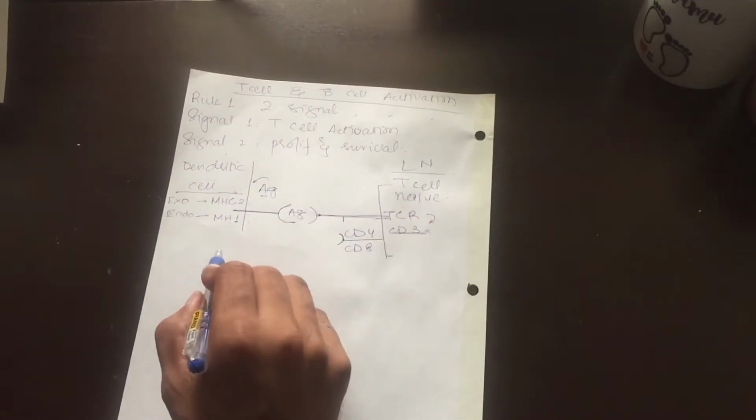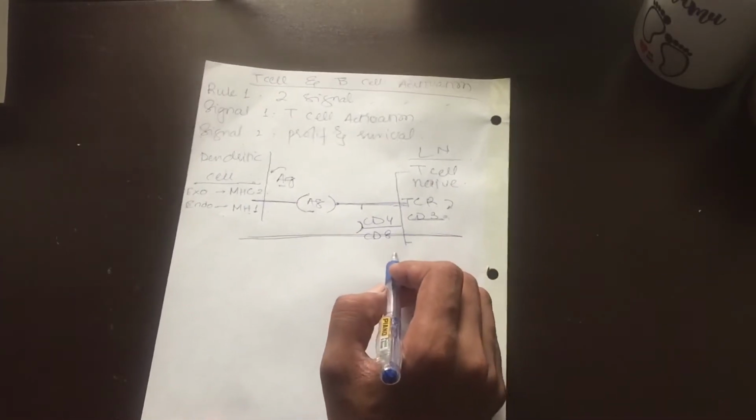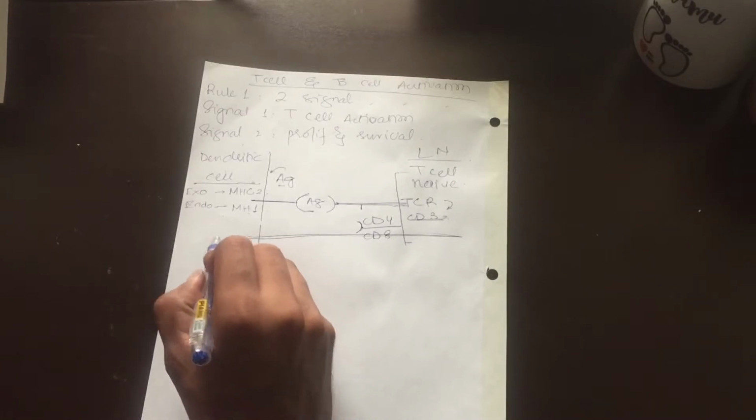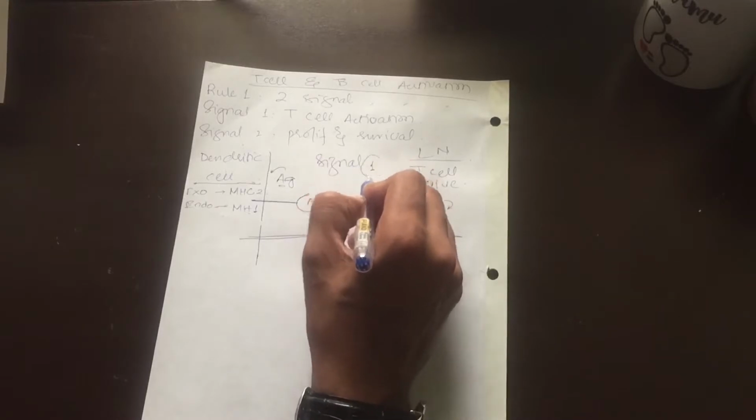The next step is T cell proliferation, and in this process the dendritic cell also expresses another receptor. This is signal 1.